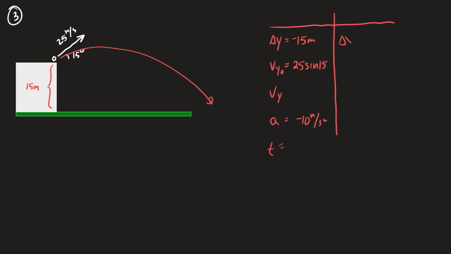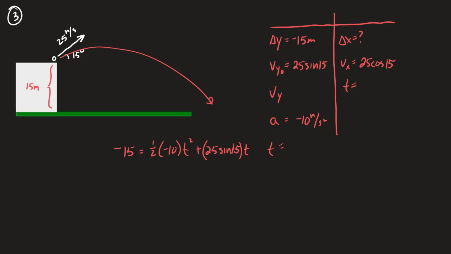And we're looking for delta x, but Vx is going to be 25 cosine 15. So we need t. You guys see why there's an issue, right? You have to do the full quadratic now. So negative 15 equals 1/2 times negative 10 t squared plus 25 sine 15 times t.